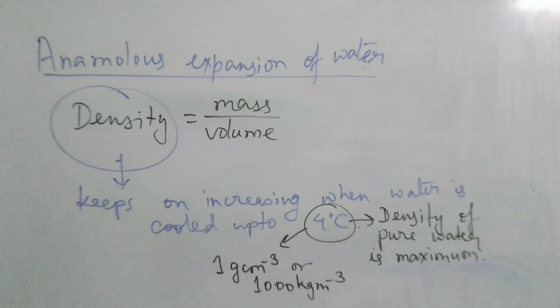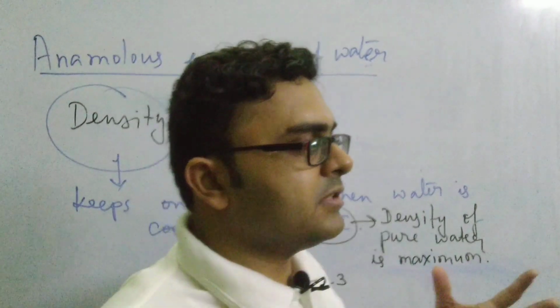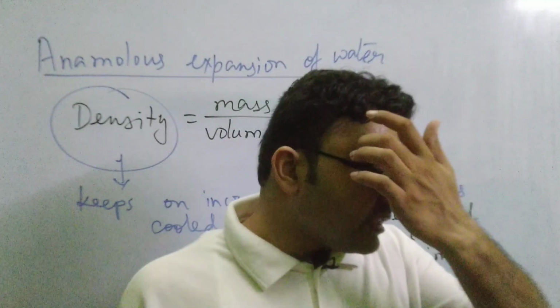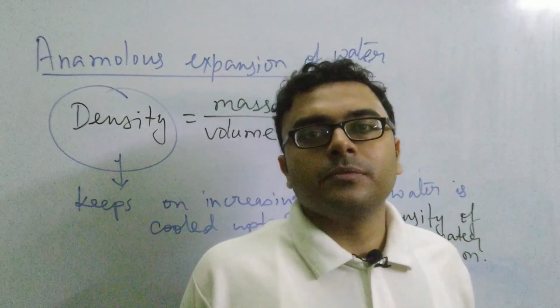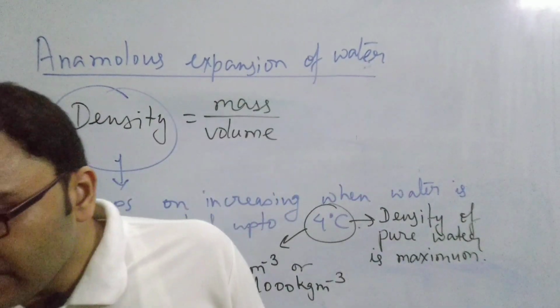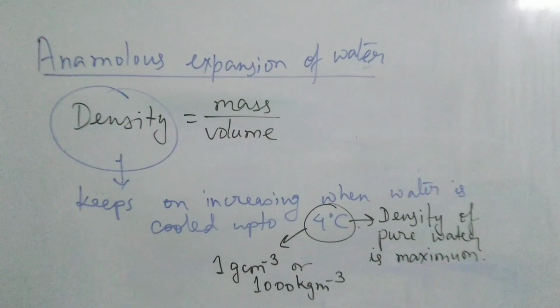An object floats when the density of the solid object is less than the density of the liquid. Obviously, the density of ice is less than the density of pure water, and that is why ice can float on water.